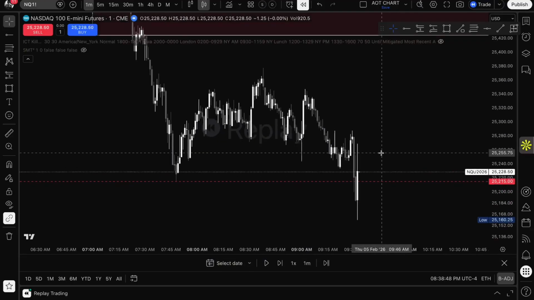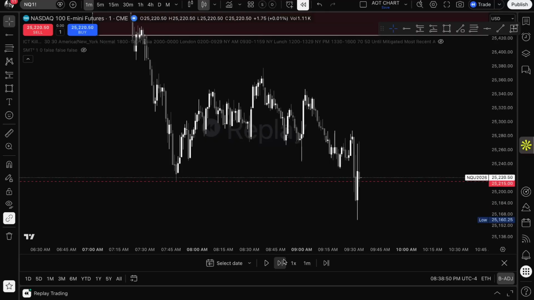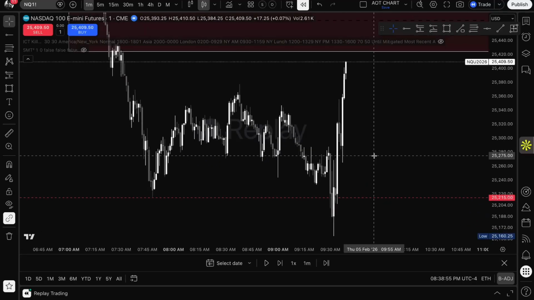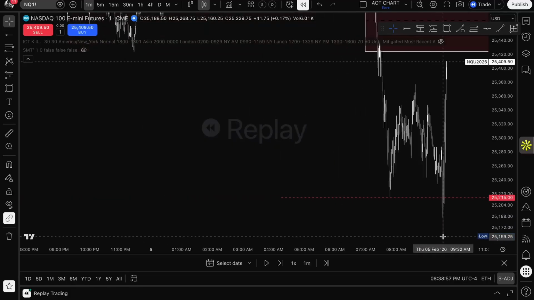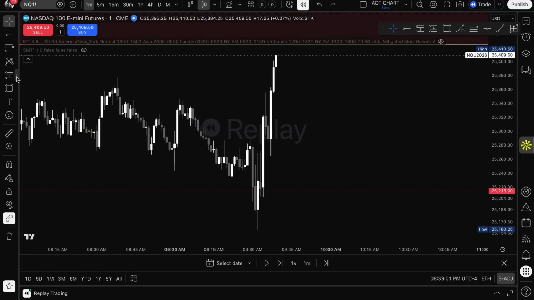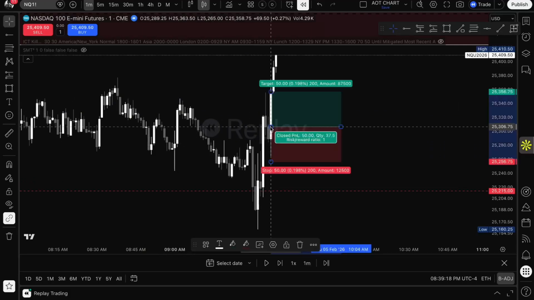So this day, we came back, took this low, and started displacing higher. Right here, you could have taken this trade, and it makes sense, because we take this low, we sweep this high, we meet this objective right here, we rebalance, and then we disrespect and go higher.